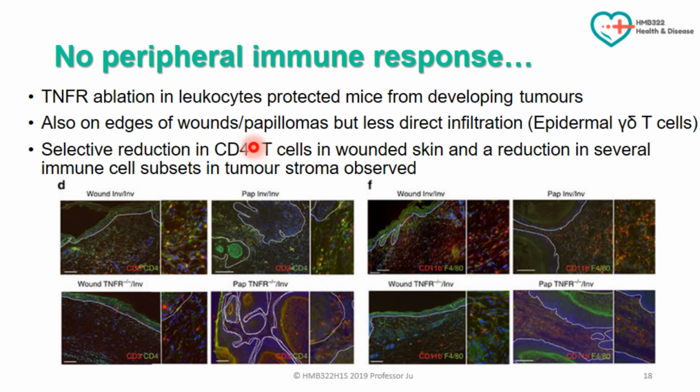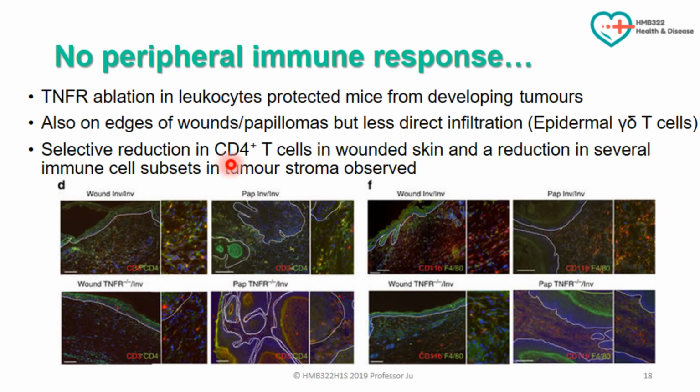And there's less direct infiltration. So that means that we don't have the migration of these gamma delta T cells into the area of the wound, unlike what we see in the normal in V mice. The normal in V mice with these massive tumors have these infiltrative gamma delta T cells, but we don't when we knock out the tumor necrosis factor receptors.